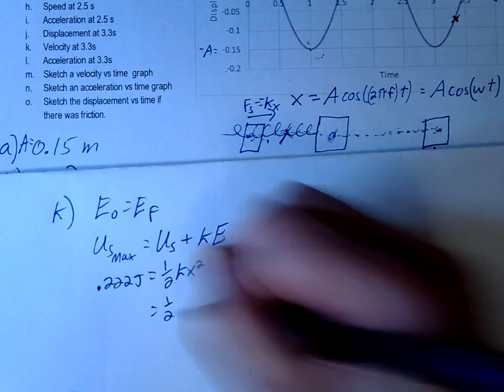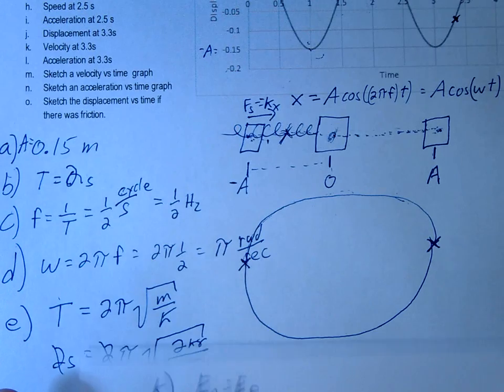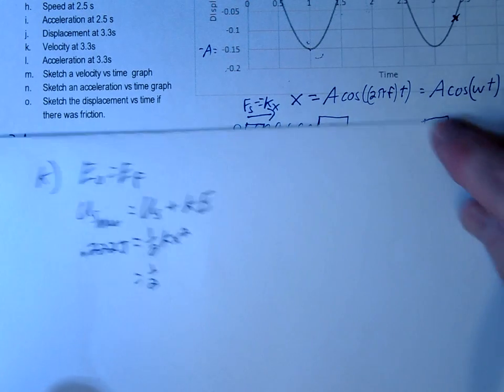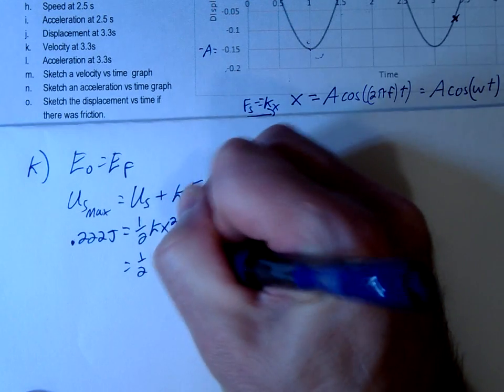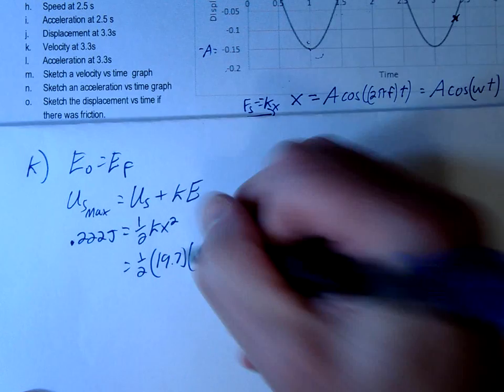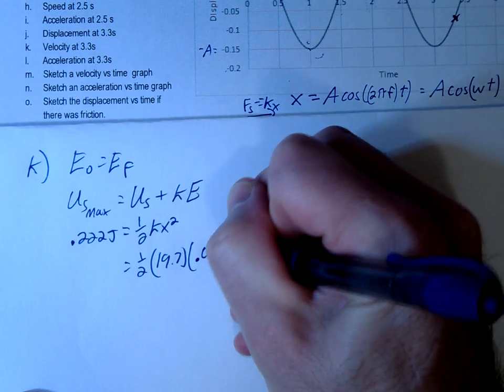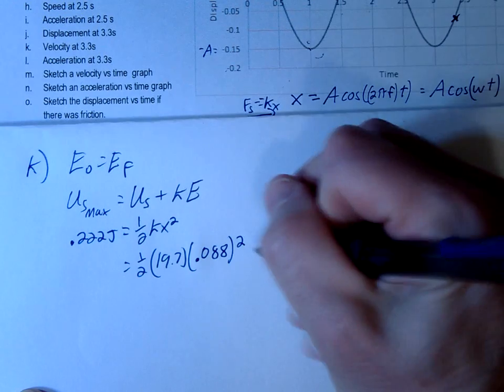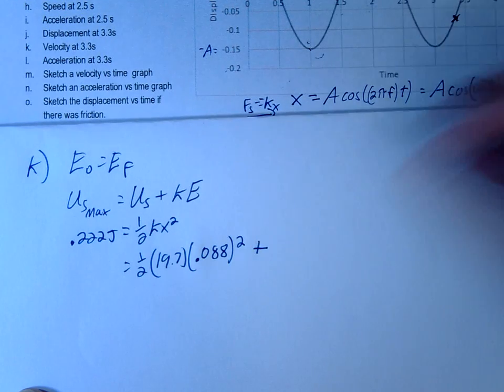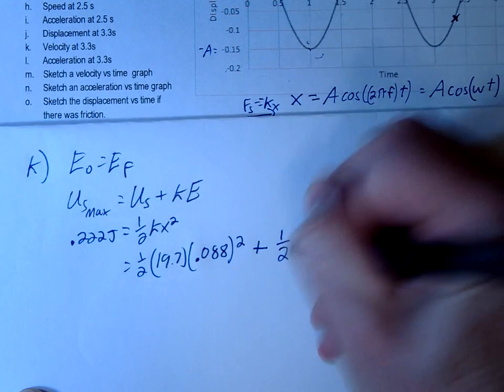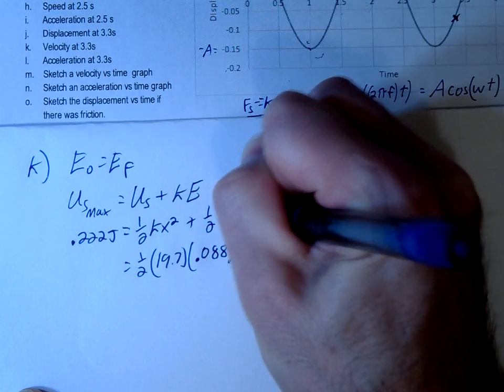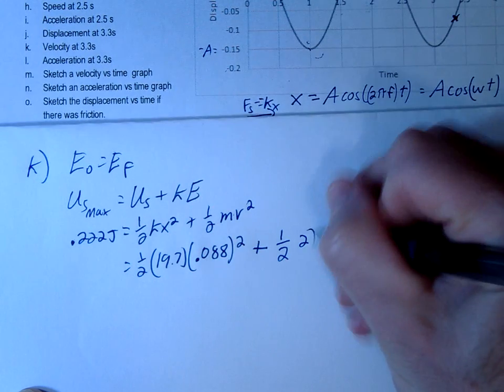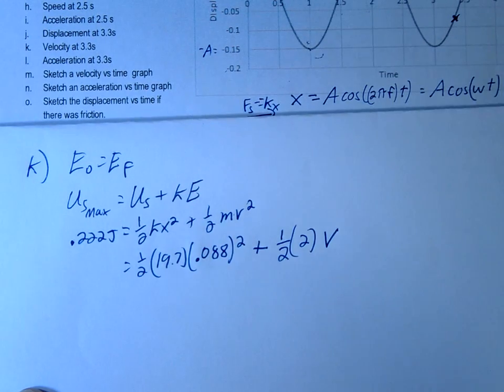What was our k? 19.7. 0.088 squared, what we just got, plus our kinetic energy, which is 1/2 mv squared, and our mass is 2, and then our velocity is what we're looking for.